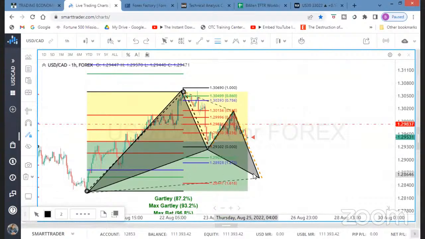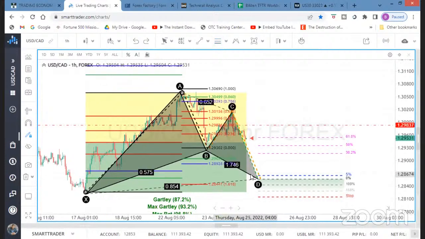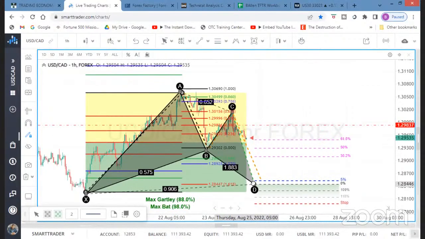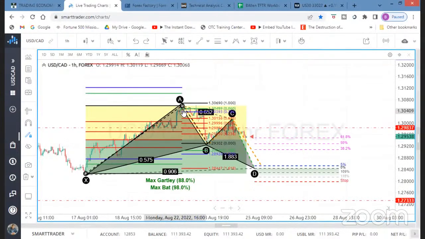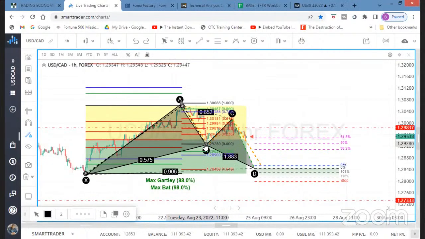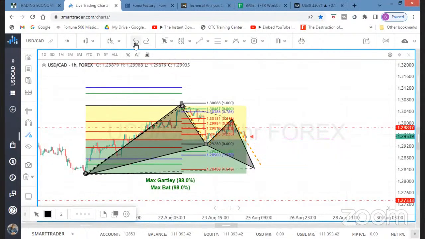Pull back, so maybe it pushes lower. Okay. Was it lower? So Max Gartley back. See there? Okay. Like that. See how it turned over?